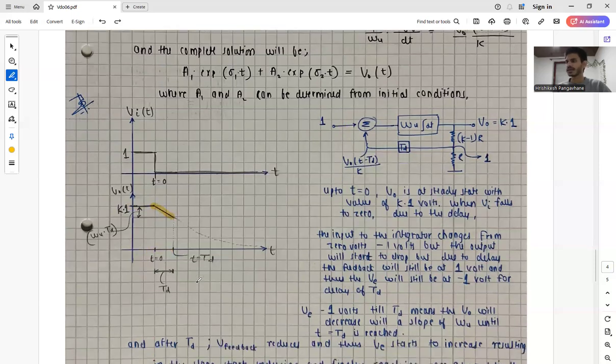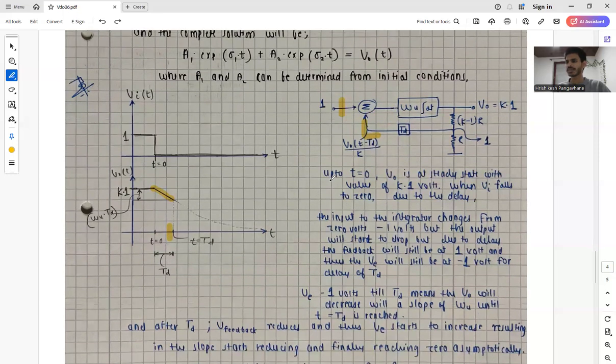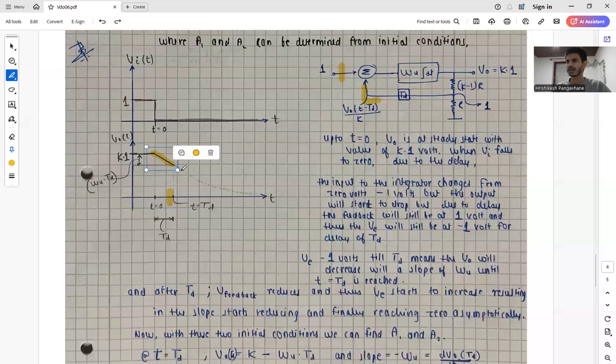So VE at minus 1 volt till TD means v naught will decrease with a slope of omega u until the time t equals TD is reached, and after TD, V feedback starts to reduce and falls to 0, so VE starts to increase, resulting in the slope of our v naught starting to reduce, and it finally reaches 0 asymptotically.